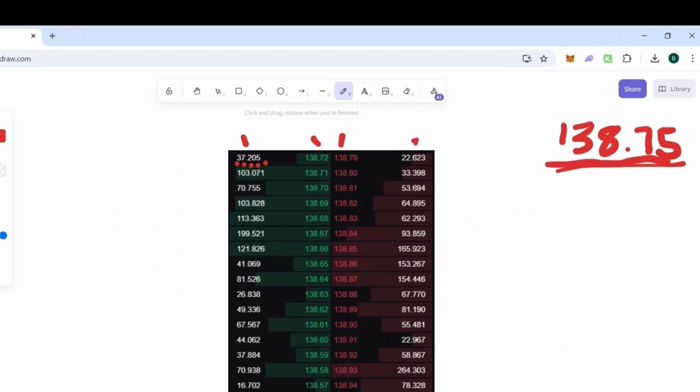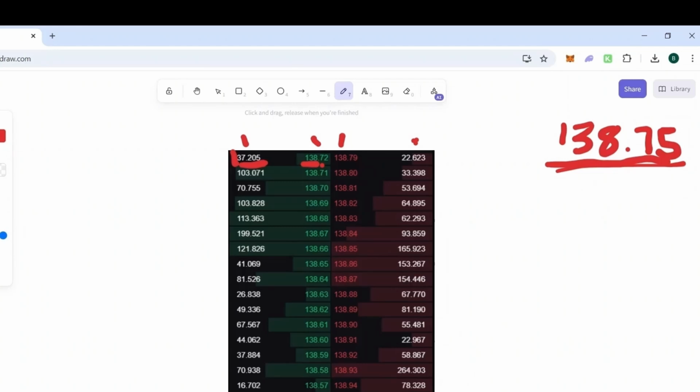What they are basically saying is, we are willing to buy the asset, in this case Solana or stock or watermelons or whatever, at 138.72 or lower. And this is the quantity we want to buy at this particular price. That is basically what they are saying.